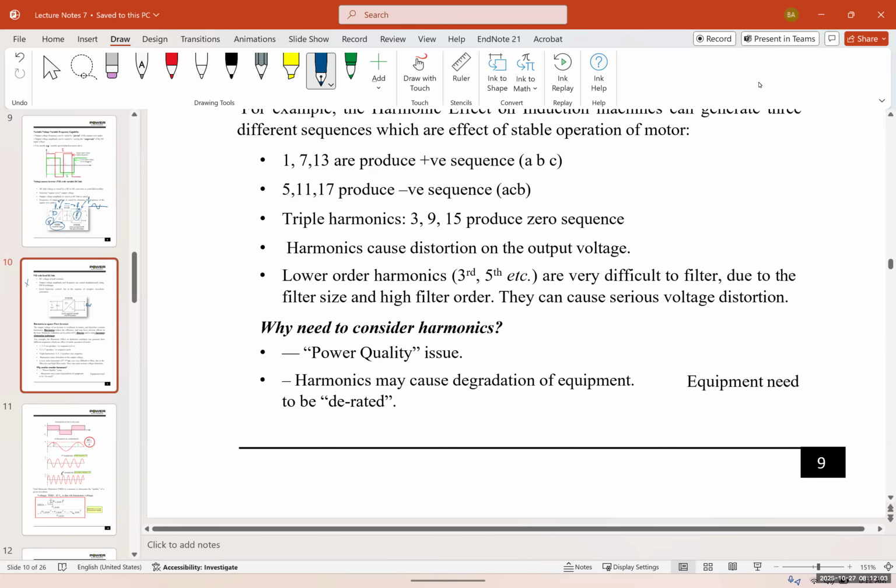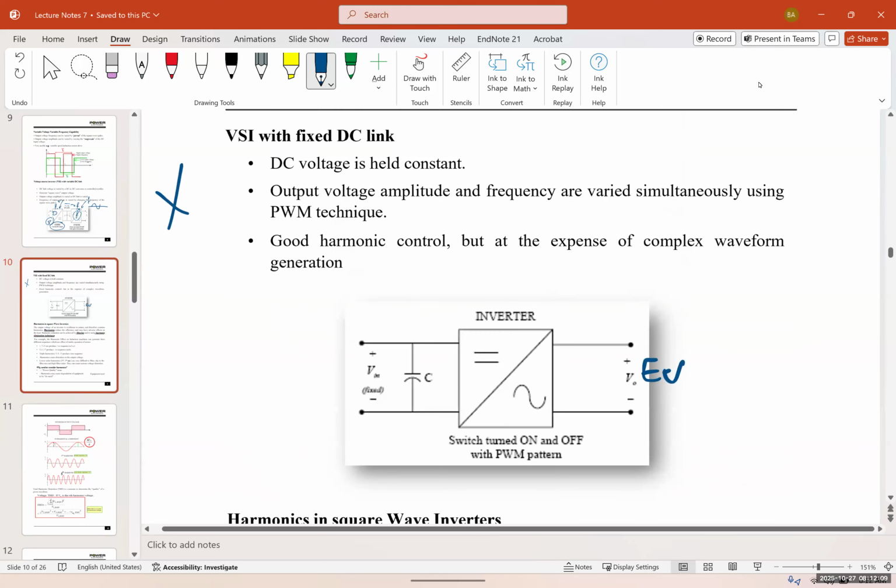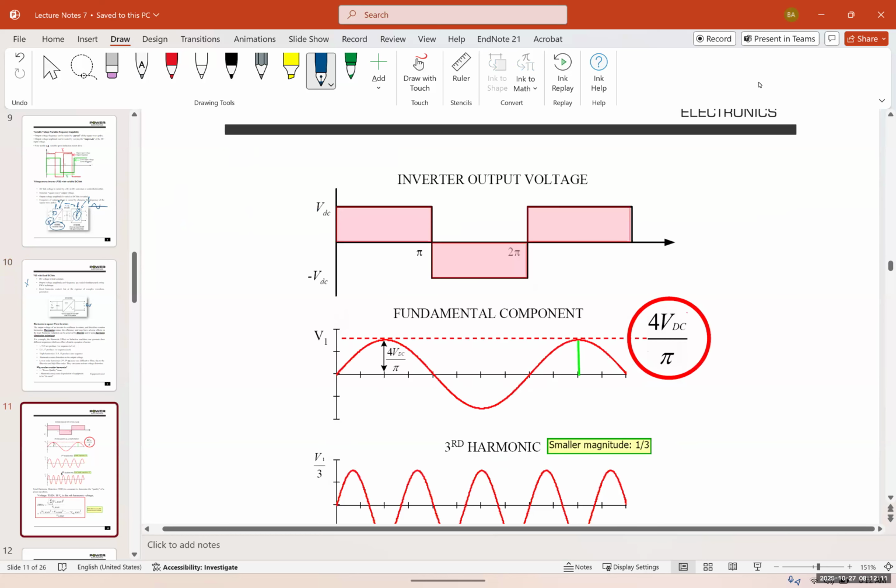Again, if we want to use this in electronics, it's not going to cause a problem, but if you want to run any type of motor, it's going to cause problems. Now, this is a very interesting graph.